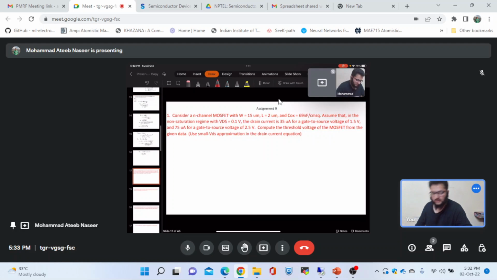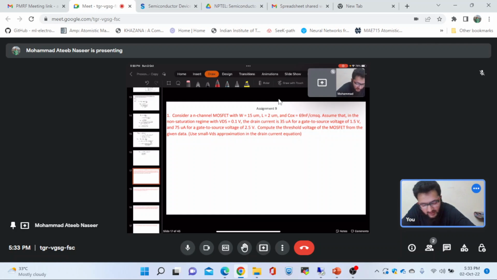Now let's move towards another assignment, which is assignment 9. So we will be dealing with the MOSFET in this assignment. This is the first time we are going to see the MOSFET in our course assignment solved. This problem states that we have been given an n-channel MOSFET with a width of 15 micrometer and a length of 2 micrometer.